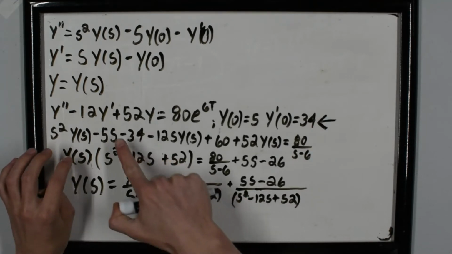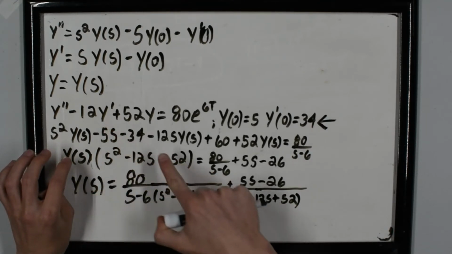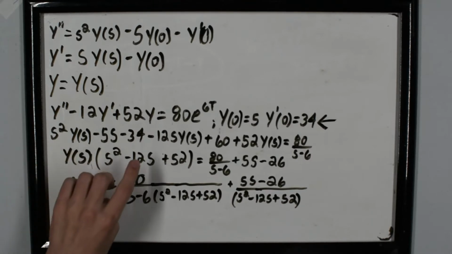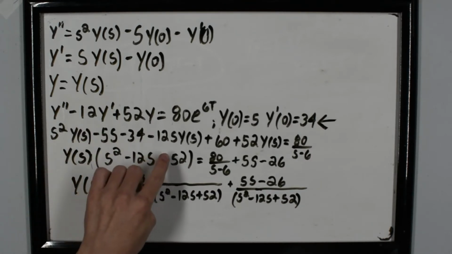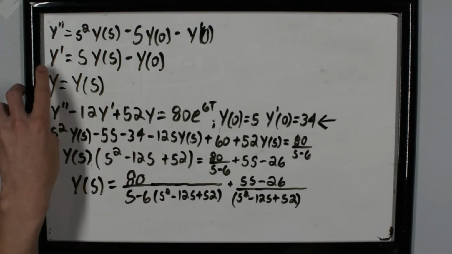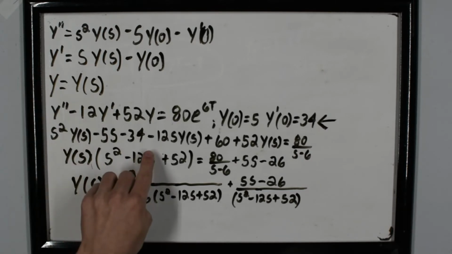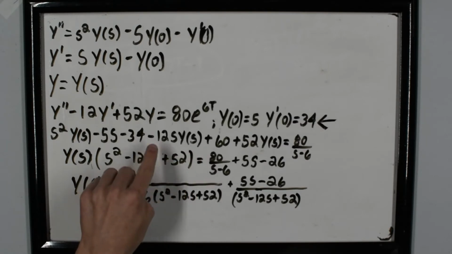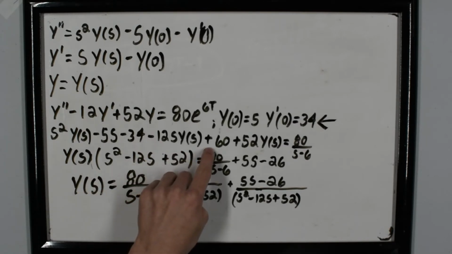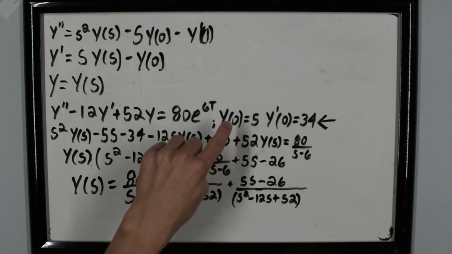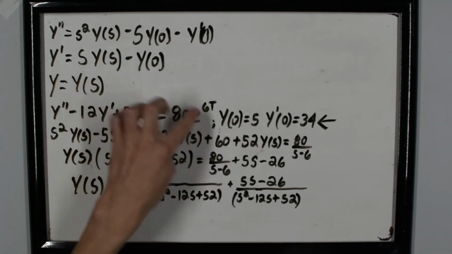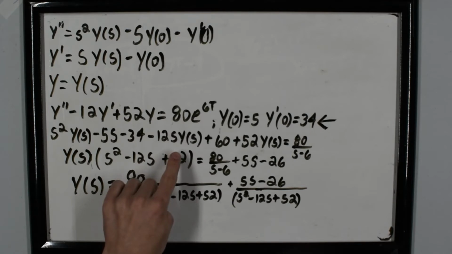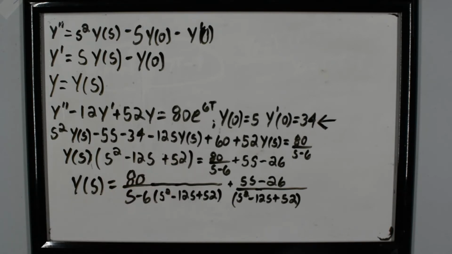Then we have to find the Laplace transform of negative 12y prime. Well, it's just going to be negative 12 multiplied by the Laplace transform of y prime. So we end up with negative 12s Y of s. And since it's a negative, we'll have a double negative plus 60, because y of 0 is equal to 5, and 5 times 12 is 60.